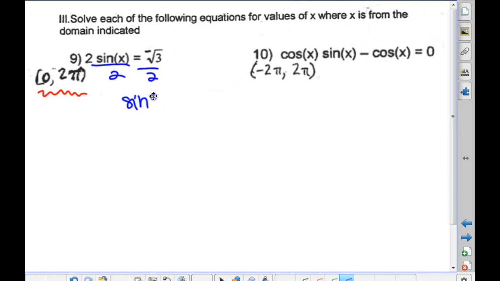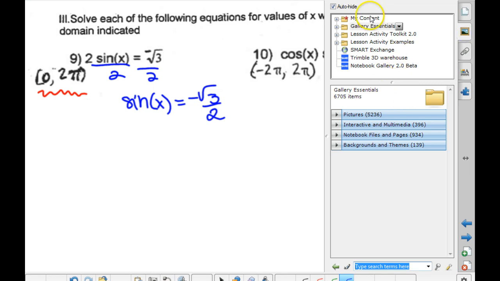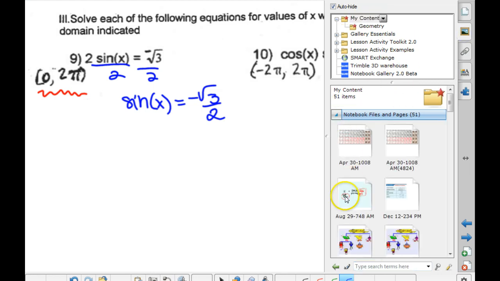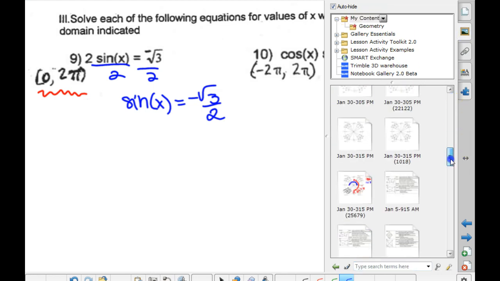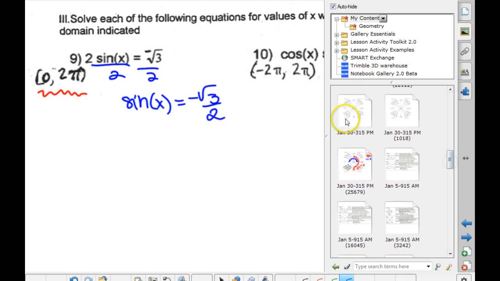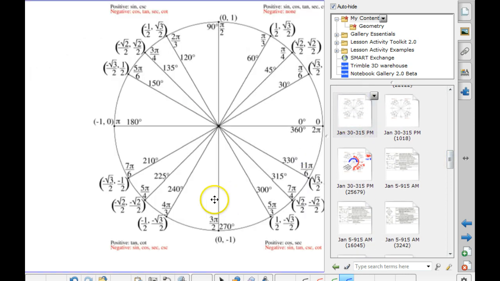we get the sine is negative square root of 3 over 2. We go to the unit circle, and we look for where the sine is negative square root of 3 over 2.